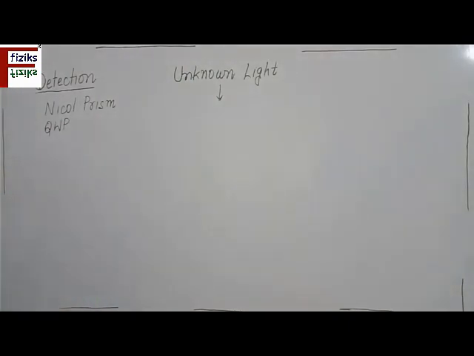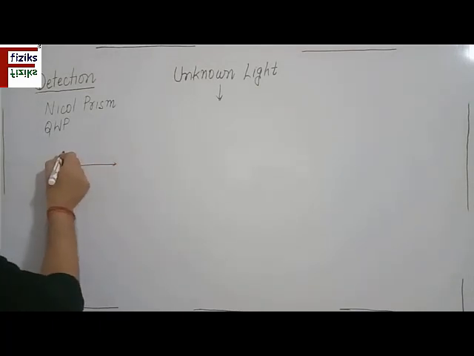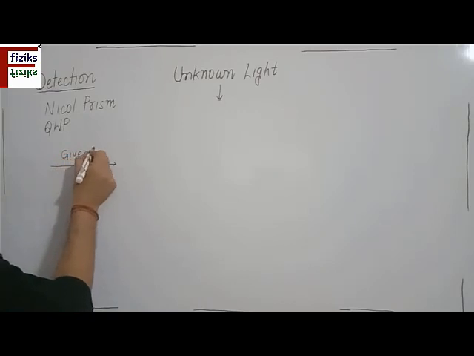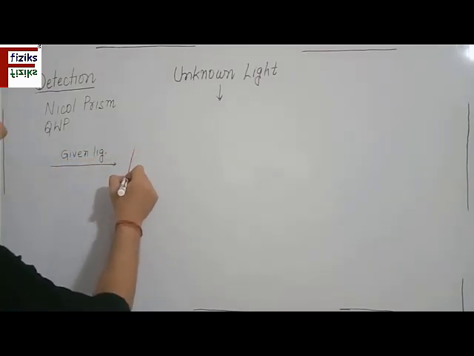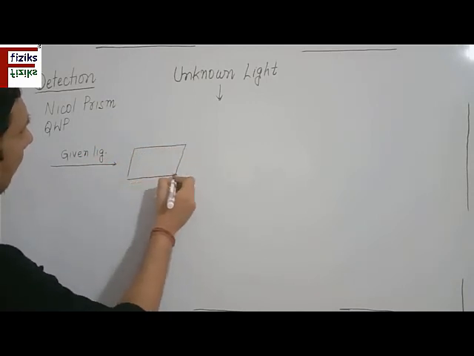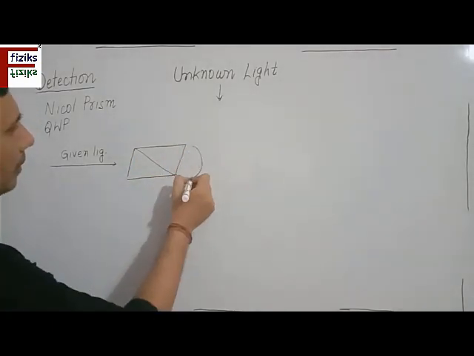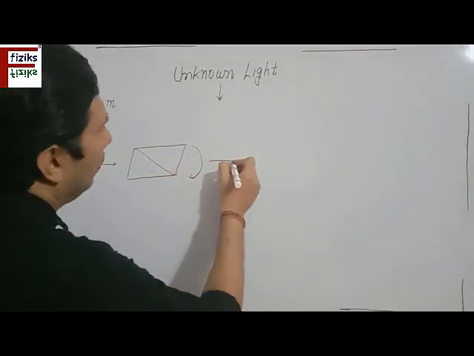So first case, what is happening in the first case? This is the given light, which is passing through a rotating Nicol.